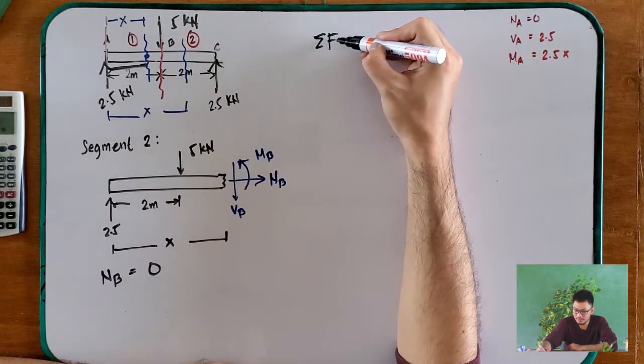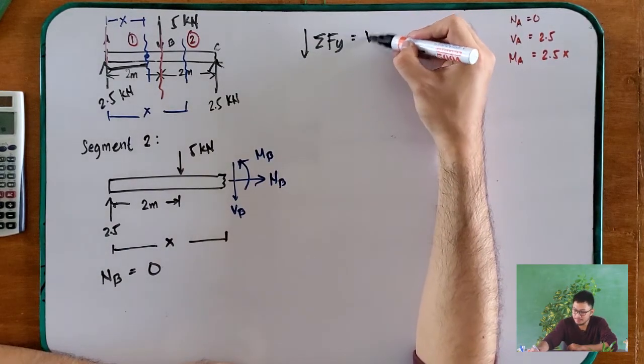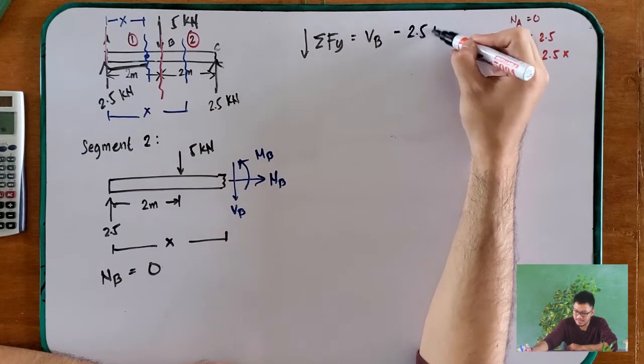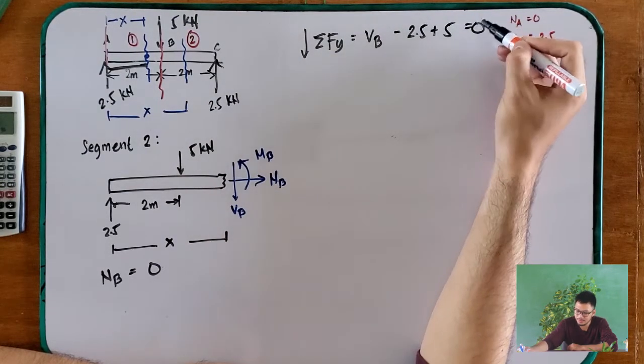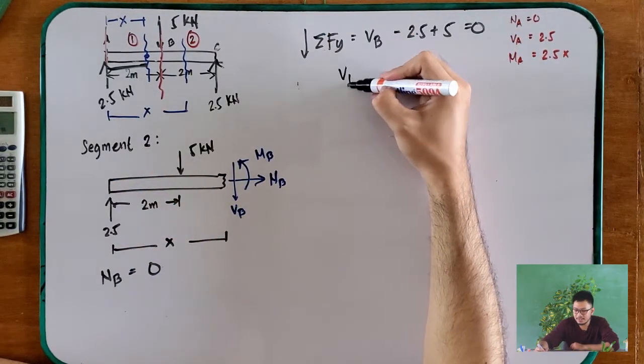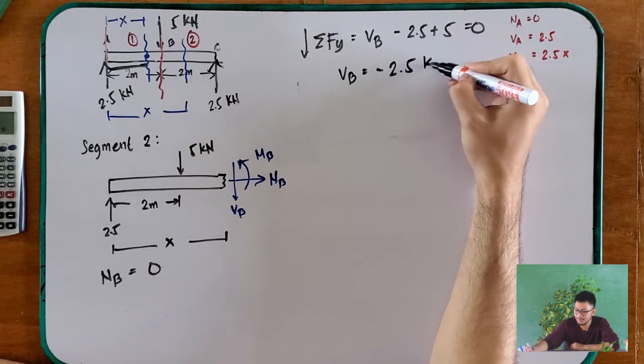Summation of forces along y, going down, is equal to VB minus 2.5 plus 5 is equal to 0. Okay, we have 5 kilonewtons. So therefore, your VB is equal to negative 2.5 kilonewtons. So don't change the sign here. Okay? Keep it that way because we are talking about equations right here.